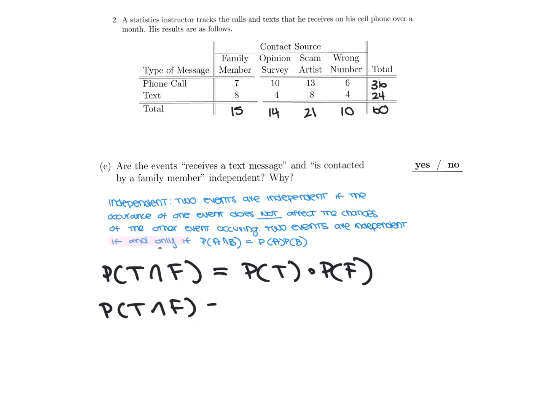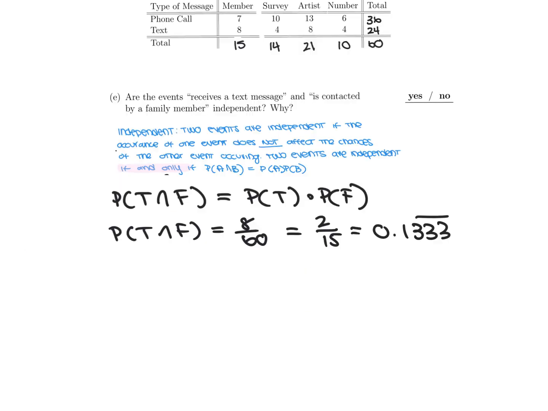So it is going to be 8 over 60, which simplifies to 2 over 15, which is 0.1333 repeating. Now let's solve for P(T) and P(F). P(T) is going to be 24 over 60, and P(F) is going to equal 15 over 60.